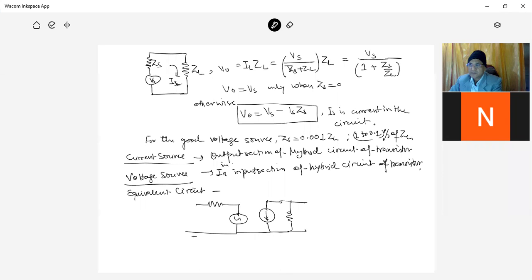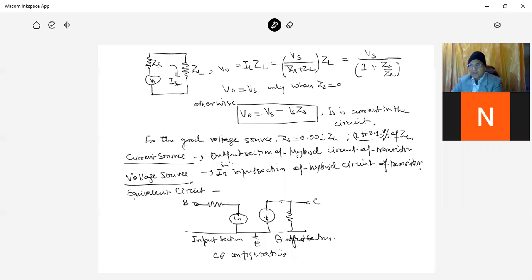This is input section, here it is output section of the, here you can see this is B, this is C, this is E. So CE configuration.